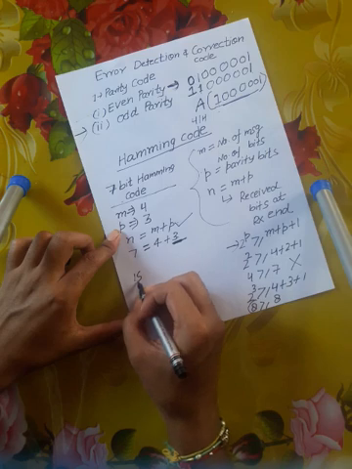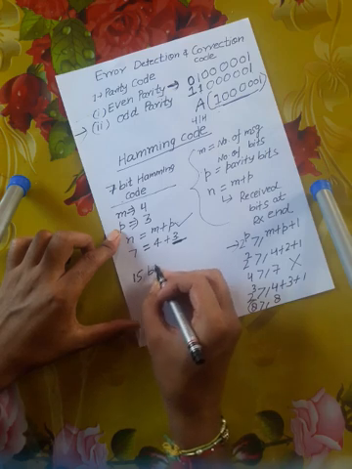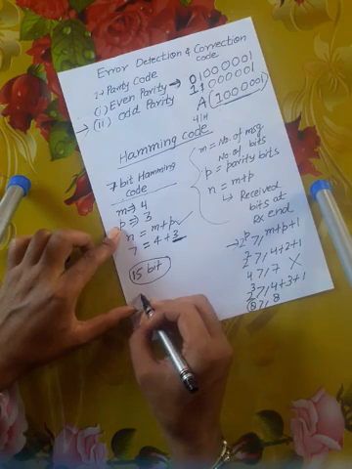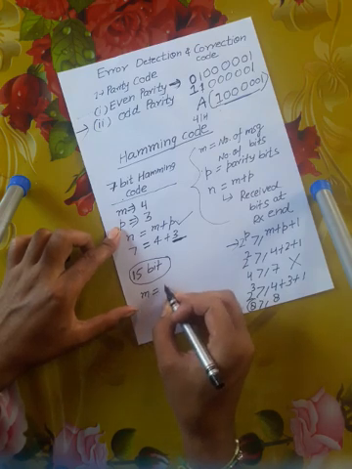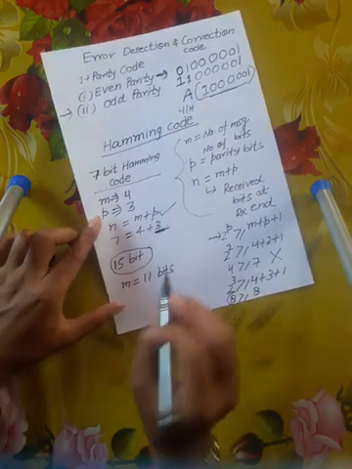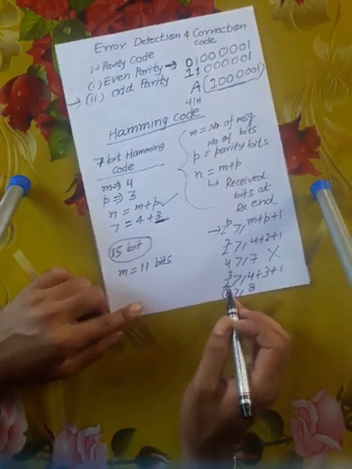Similarly, there is the 15-bit Hamming code. In 15-bit, the message signal is 11 bits. Now what will be the number of parity bits?